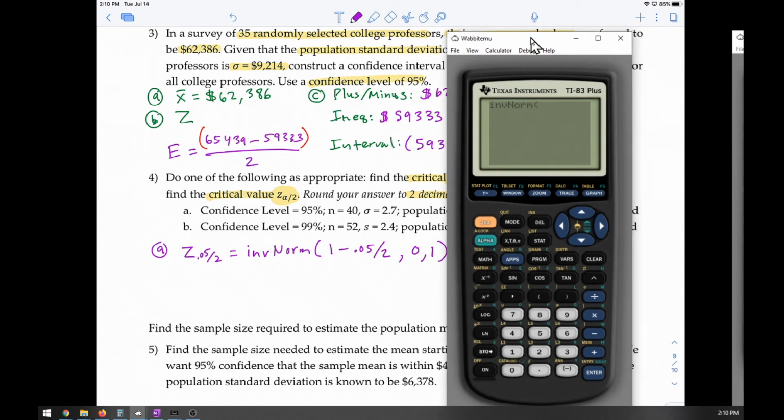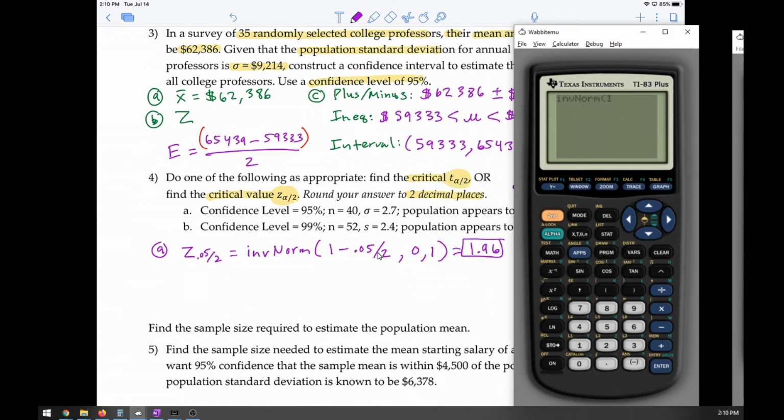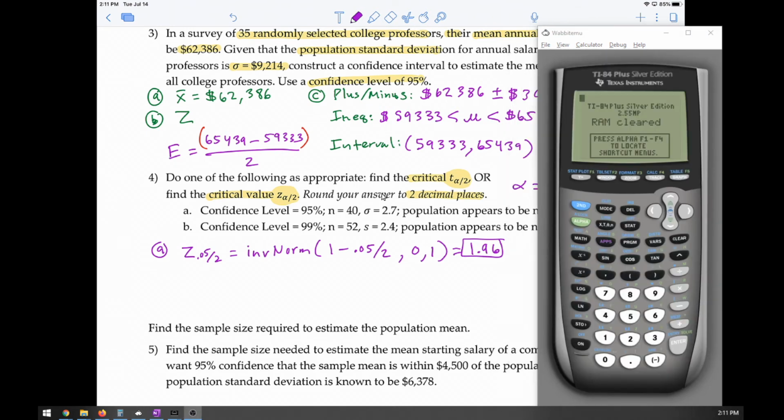Even some older 84s will give you this output. So you need to input the expressions with commas. Just like this: divide by 2, and then comma, and 0, and then comma, and 1, and then close parentheses, right? Okay, so I've changed back to the 84.